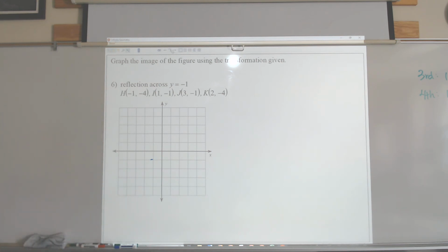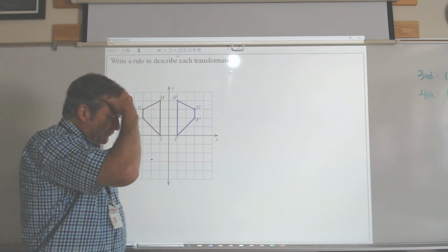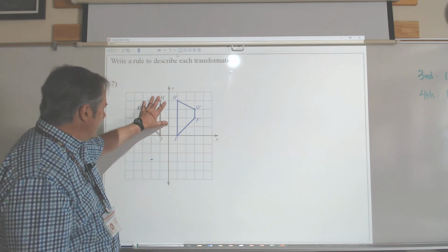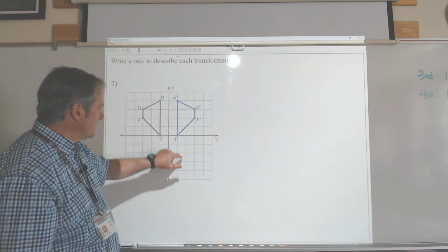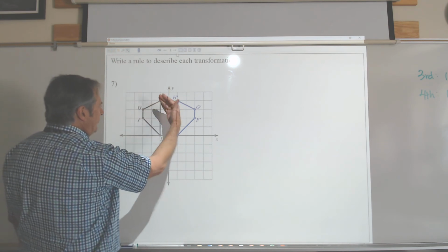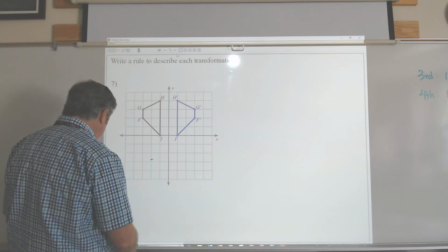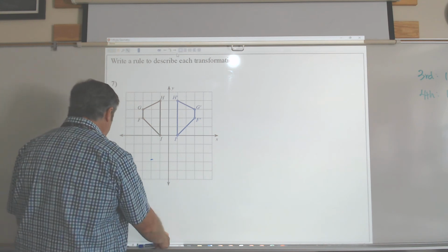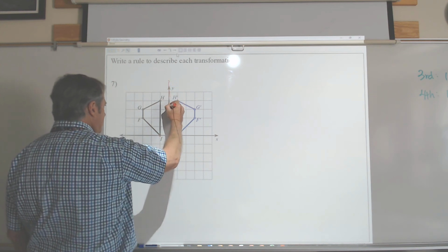All right, now the last two, we're actually being asked to come up with the line of reflection. You got to ask yourself, where do you start? Well, the black is the pre-image. How do I know that? Because it does not have the little primes. This one does. So this thing flipped over. What line did it flip over? I don't think it takes a genius to think, oh, it was this line.